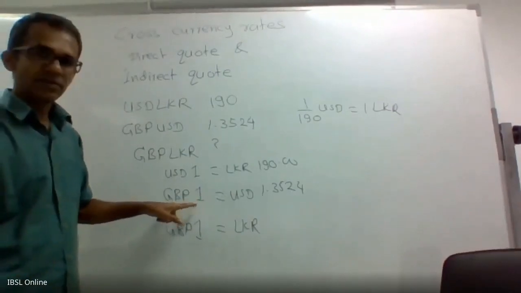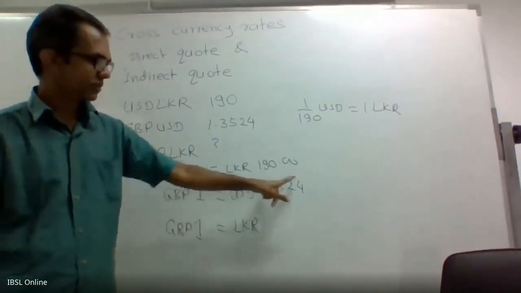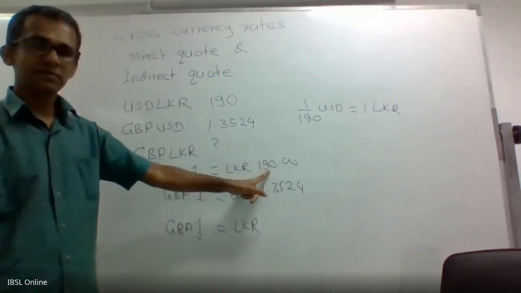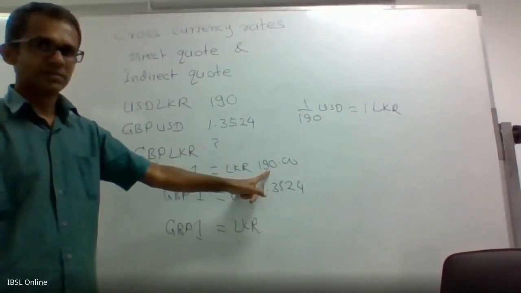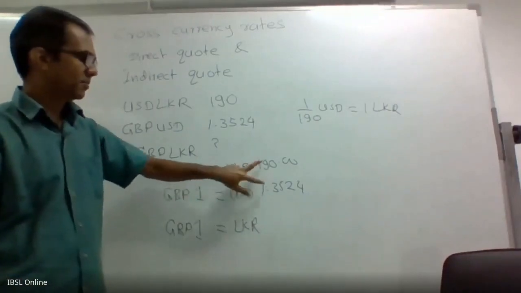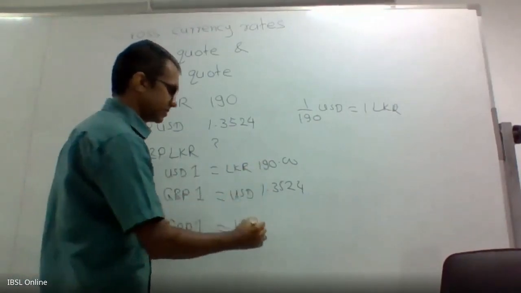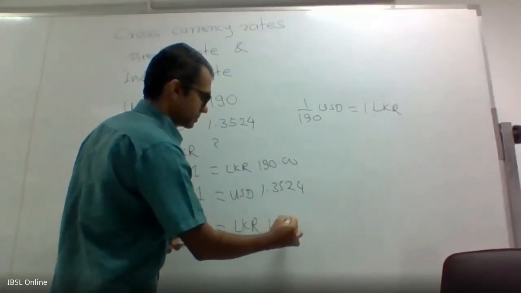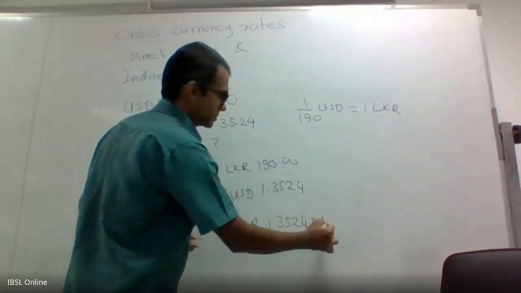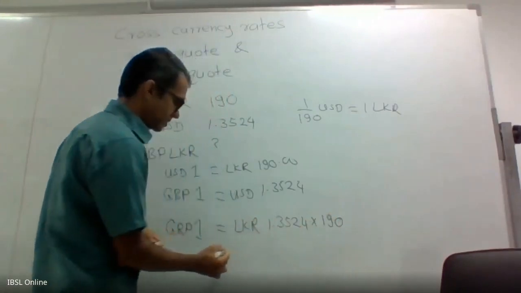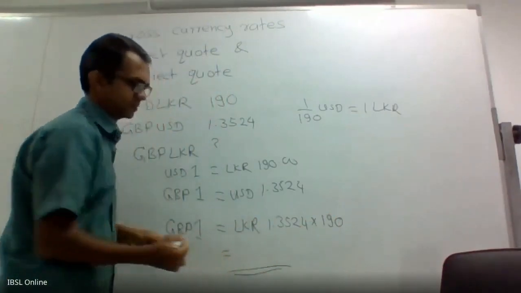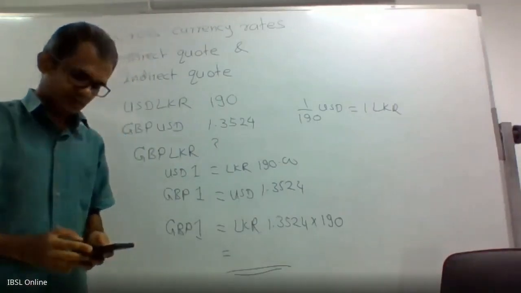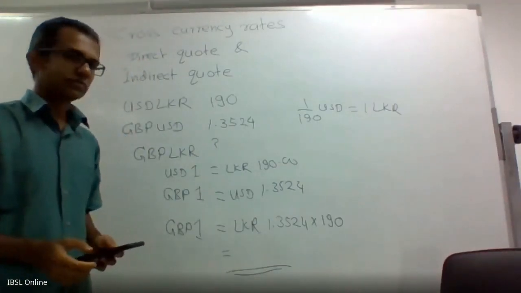We know the value of a sterling pound in terms of dollar, and we know the value of a dollar in terms of rupees. So therefore we can multiply these two figures and get the answer. So this is the easiest one when we compare with the previous two.